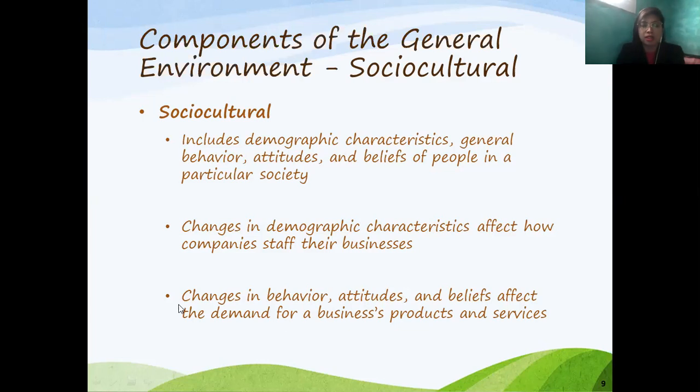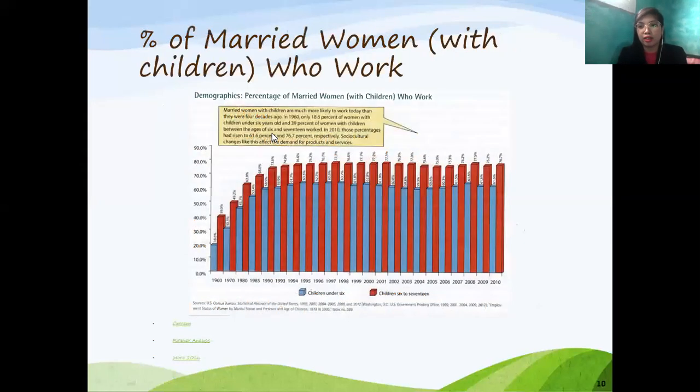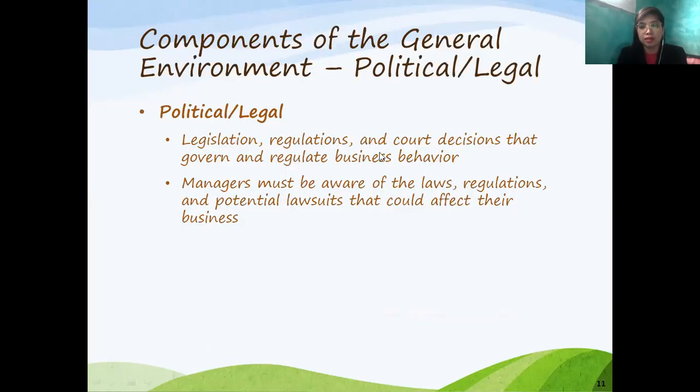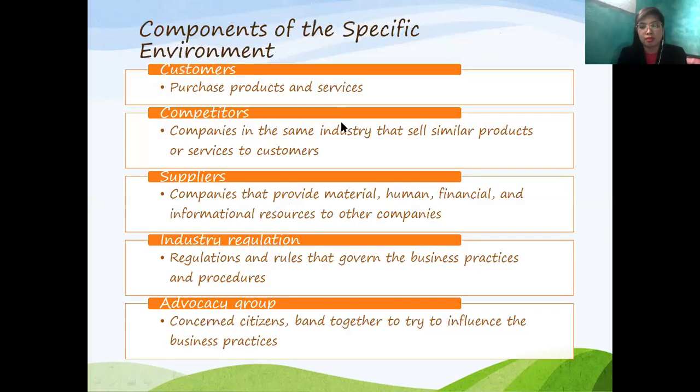Also, it includes the changes in behavior, attitudes, and beliefs that also affect the demand for a business product and services. And then we have here the example for the social-cultural factor.